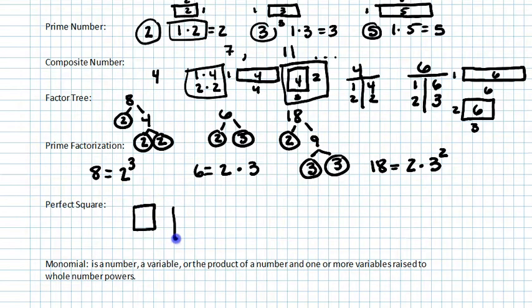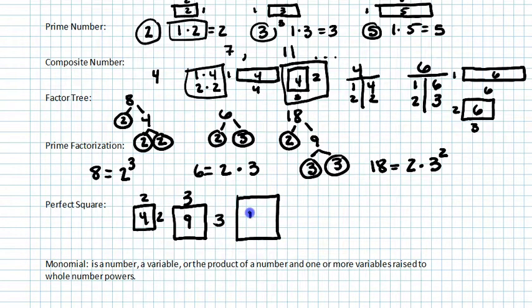Another one would be 9, 3 by 3. Another one would be 16, which is 4 by 4. See if you can guess what the next perfect square would be.